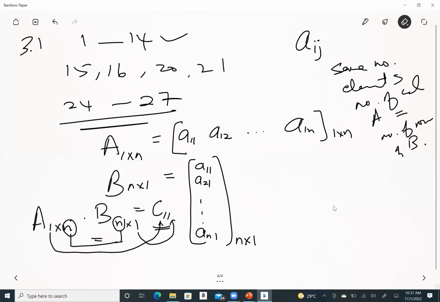So I will continue from here. All right, C equal to. You write down A, 1 by N, multiply with B, N by 1.